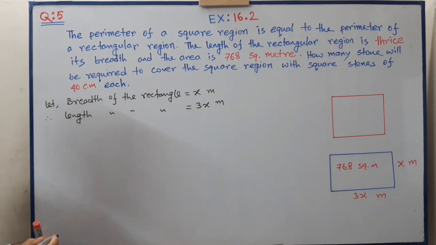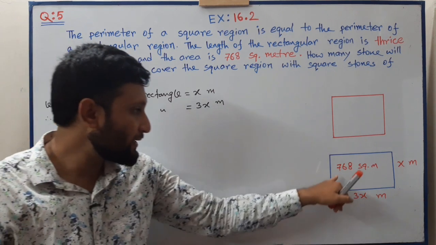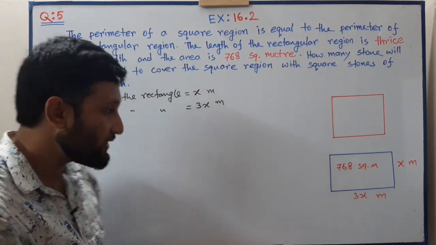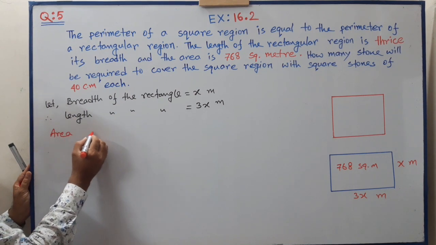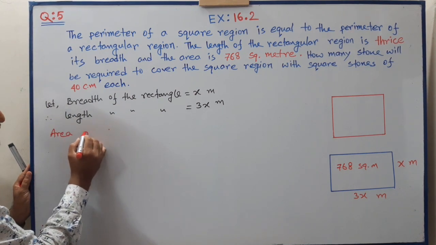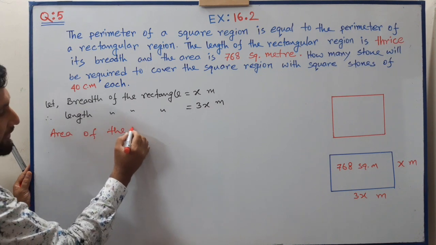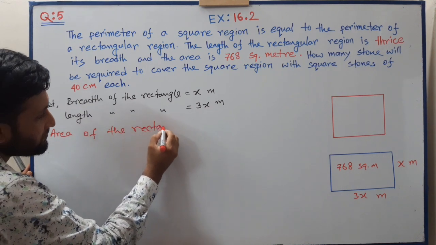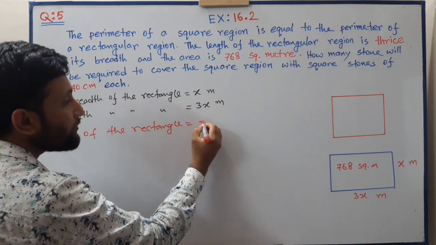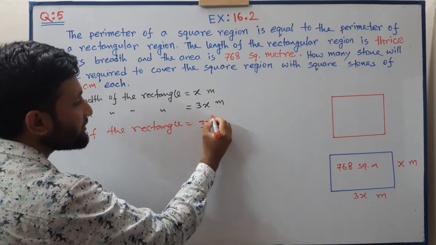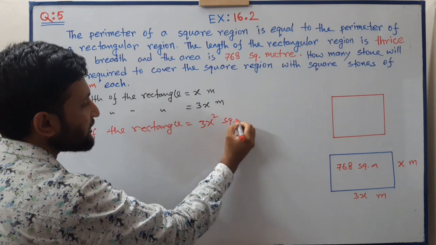Okay, but according to the question here the area is 768 square meter, so we can say that the area of the rectangle is equal to 3x into x, that means 3x square, and then unit square meter.